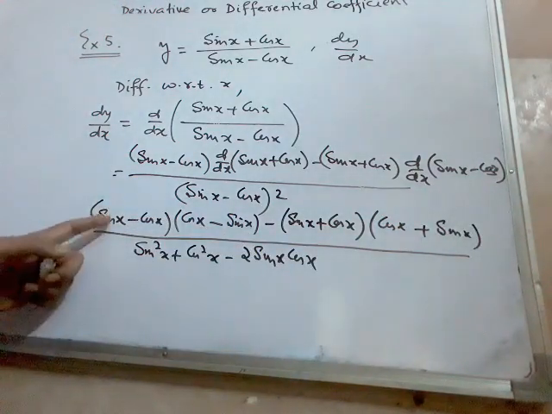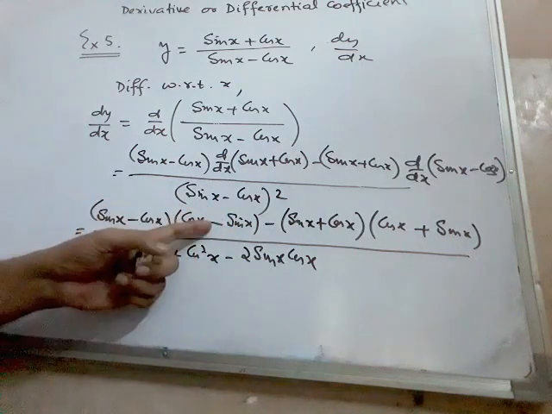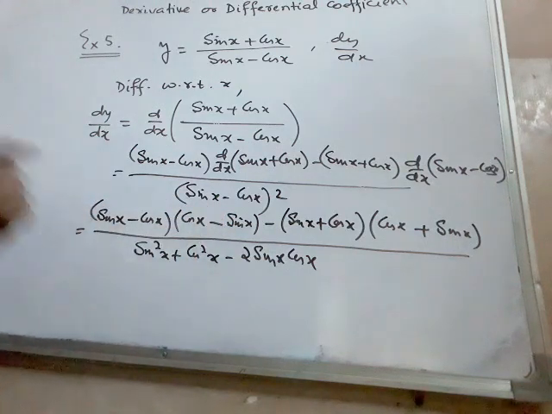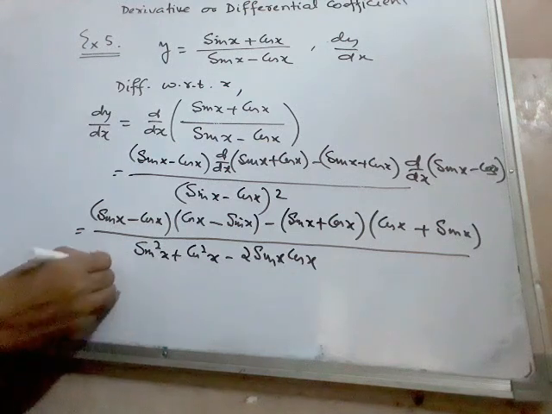So see here, sin x minus cos x, it is cos x minus sin x. If we take minus common from here, we will get minus of (sin x minus cos x) whole square, and over here (sin x plus cos x) whole square. As a result, take out minus common from both.